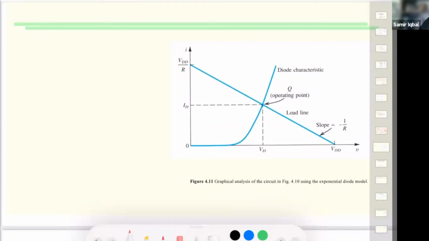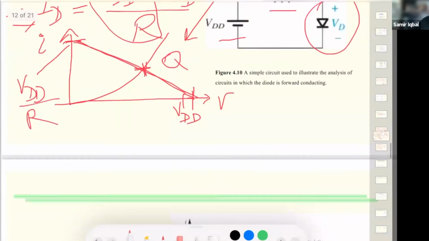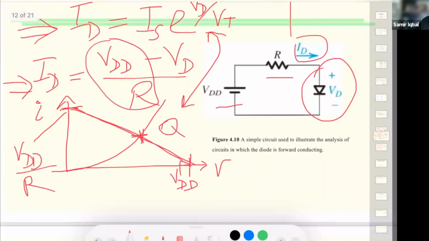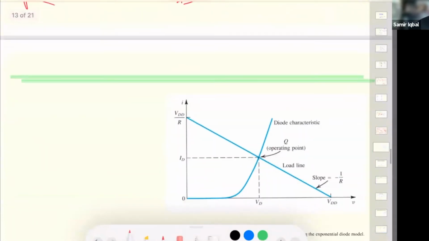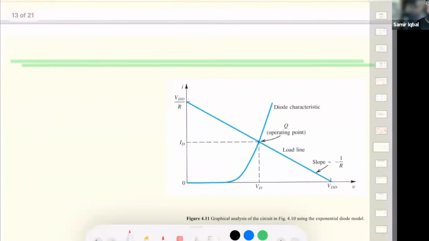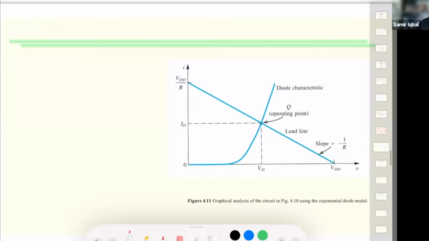Now, how do we find the current flowing through a circuit? We would apply Kirchhoff's loop, and that gives us numbers that we can look at and decide if they make sense.